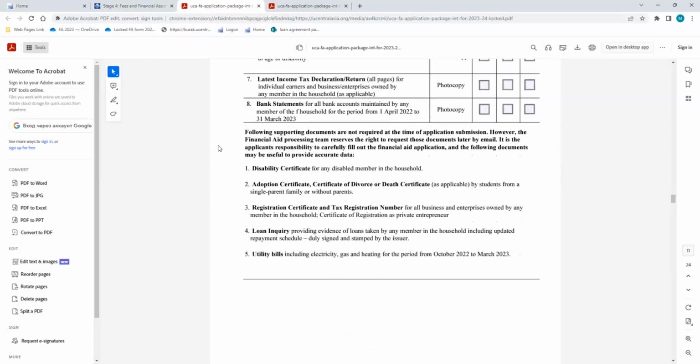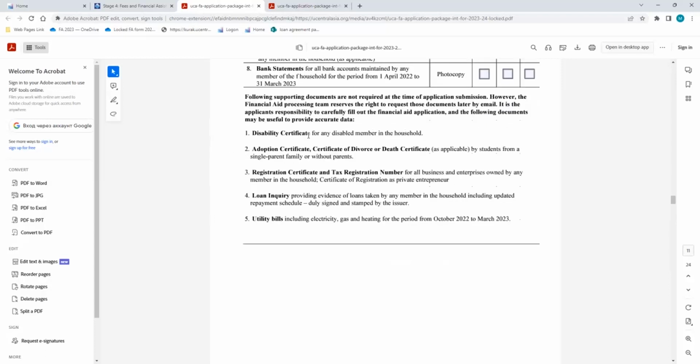And here are 5 more documents that preserve the right to request those documents, depending on the case and the circumstances. These are not mandatory, but it is mentioned that during financial aid processing, we reserve the right to request these documents.